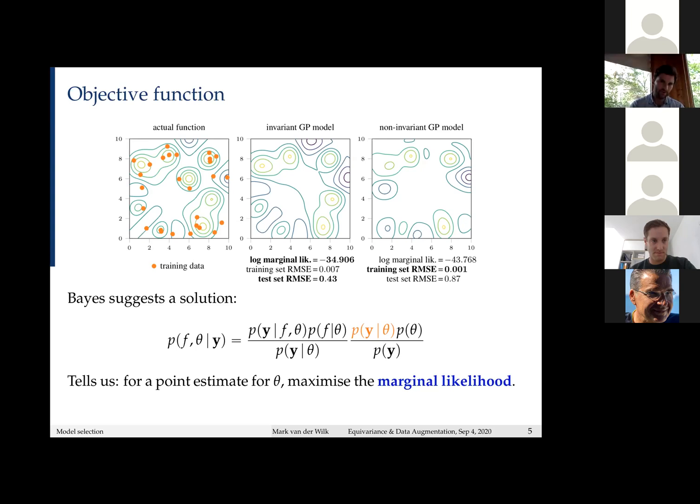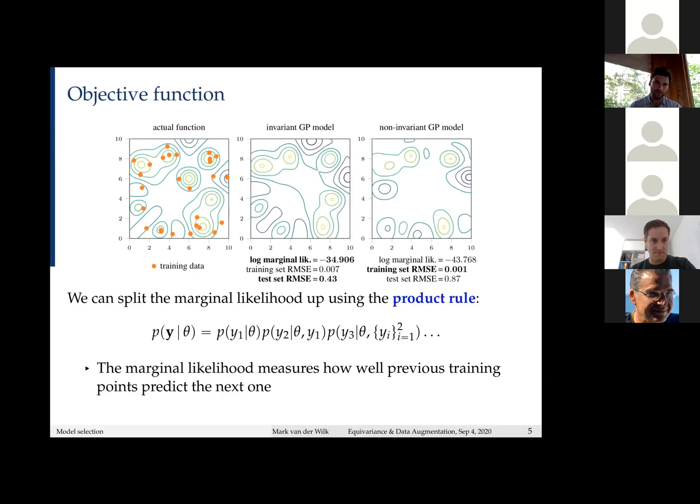To give a bit more intuition into what the marginal likelihood does and why it can work while the normal training loss can't, if we investigate this marginal likelihood objective function a bit more, we can factorize it using the product rule of probability theory. And we see that it factorizes into a sequence of predictive distributions.